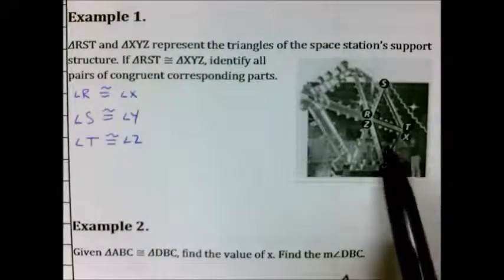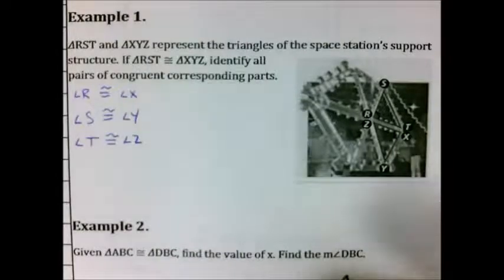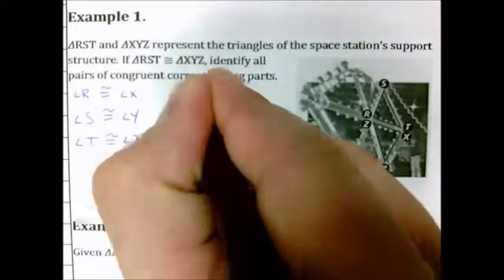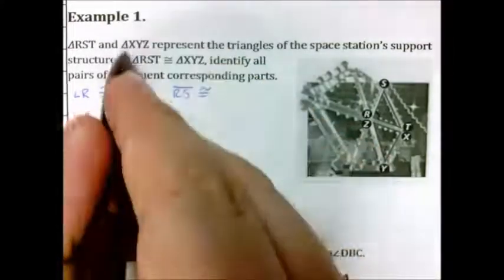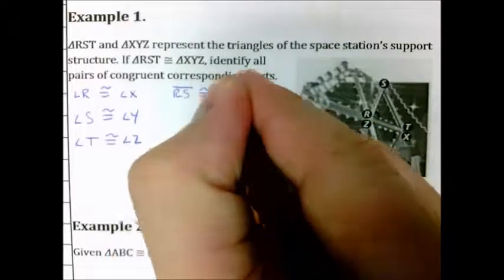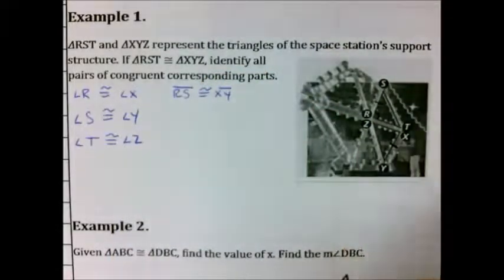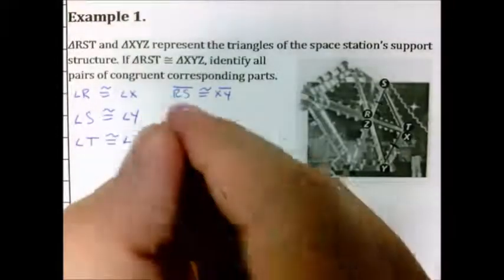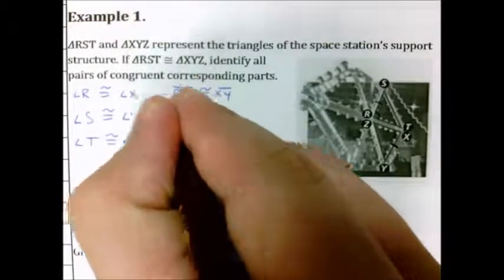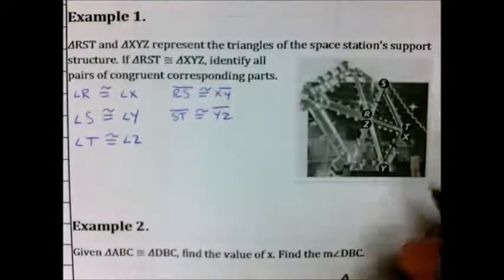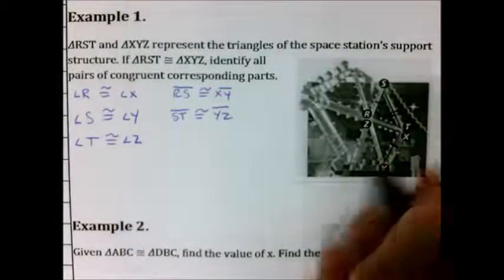Now for the sides, to find corresponding sides, we're going to start with line RS, and that's congruent with line XY. Line ST is congruent to YZ.